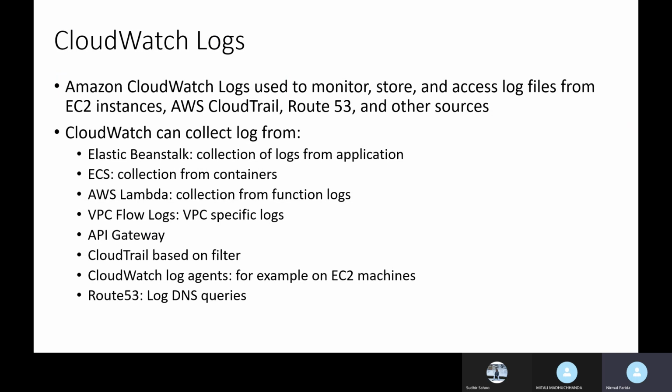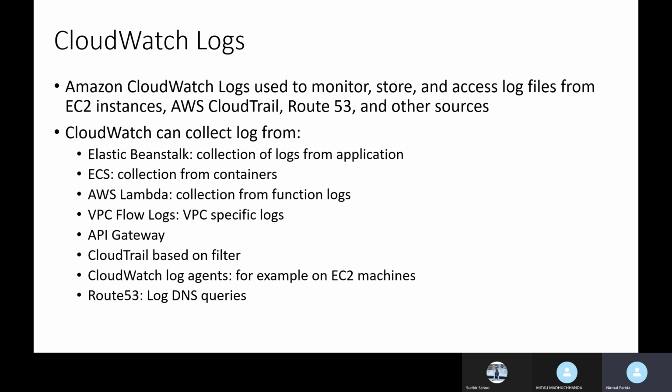VPC flow logs. I demoed how to store in S3, so in similar way, you can also use Amazon CloudWatch. VPC specific logs and API gateway. From the API gateway, you can also store the logs at CloudWatch. So CloudTrail based on filter. CloudWatch logs agent, for example, on EC2 machines.